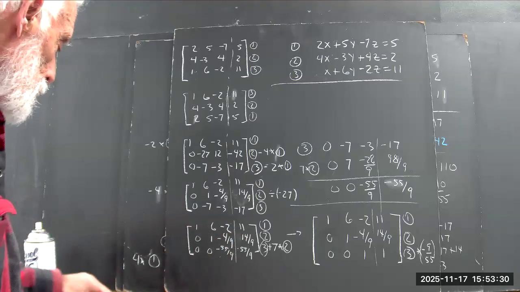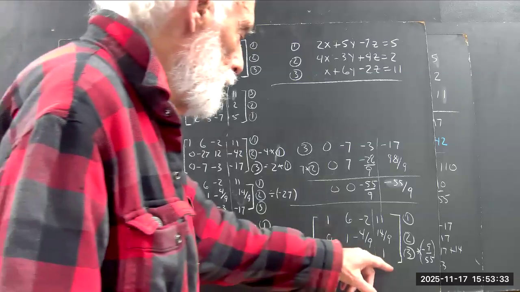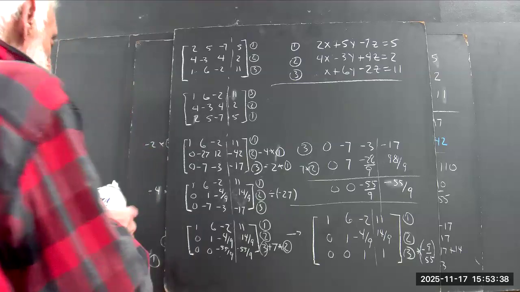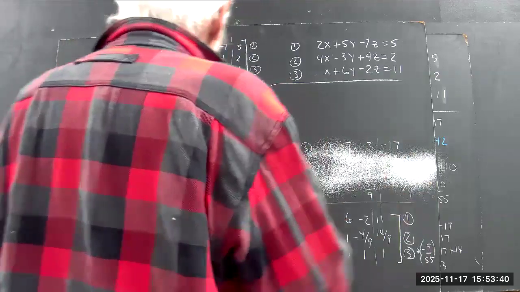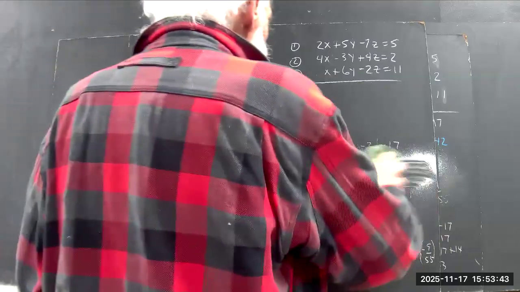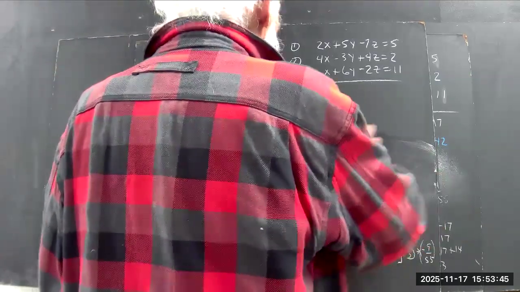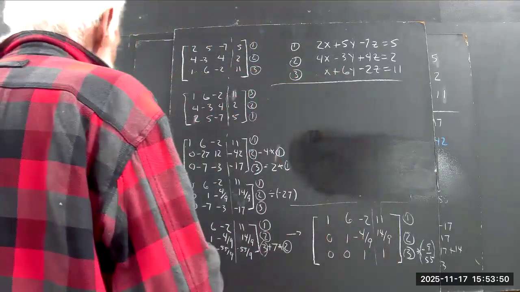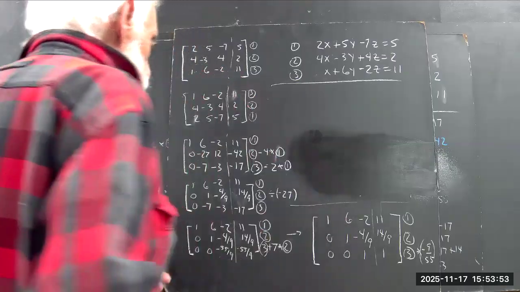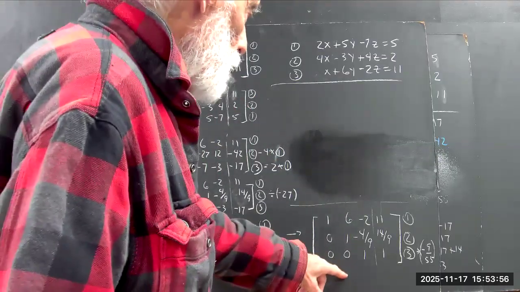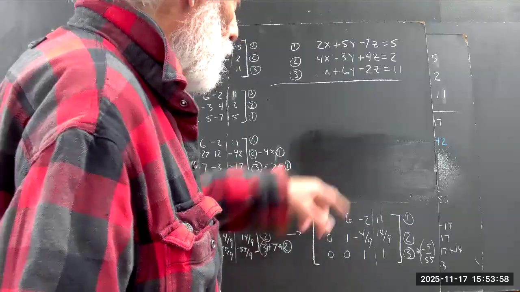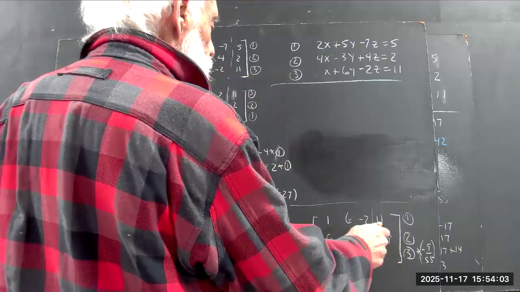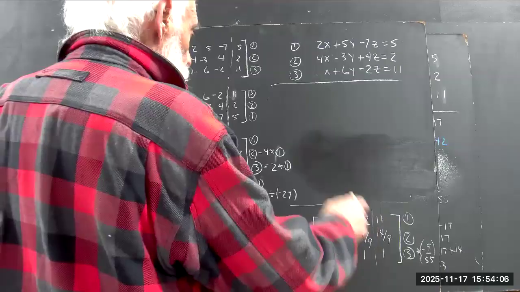Now, why do we want 1s in these places, especially in this place? Well, if we translate this matrix into equations, what we get is x plus 6y minus 2z equals 11 from the first equation.